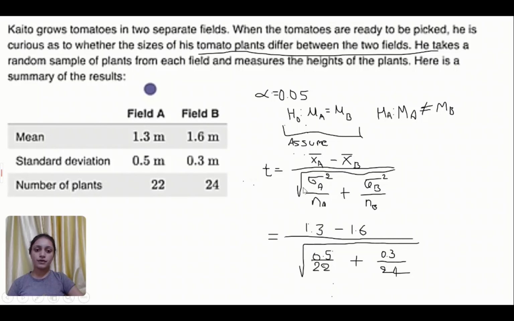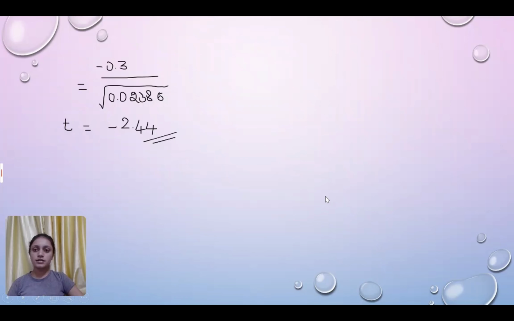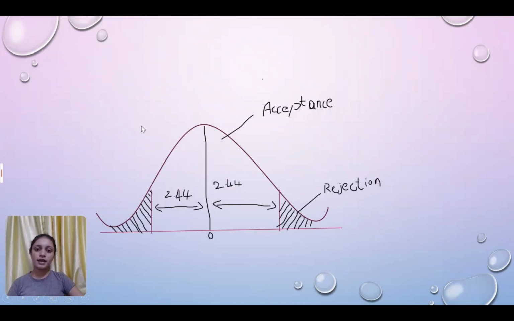Here the mean of A is 1.3 minus mean of field B is 1.6, divided by root over standard deviation of A is 0.5 divided by number of plants is 22, plus standard deviation for B is 0.3 divided by number of plants is 24. This is the calculation part, and the final result is minus 2.44.